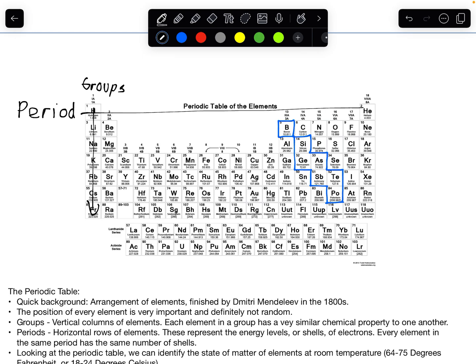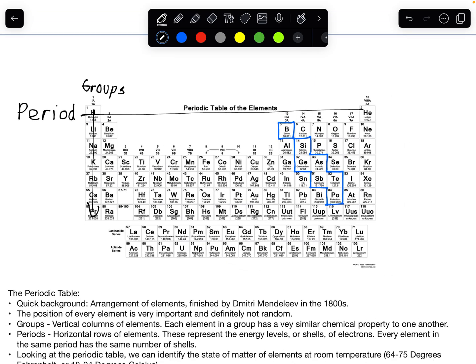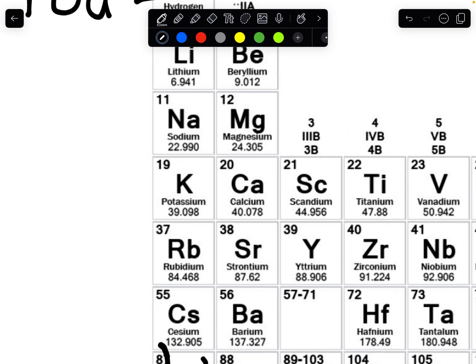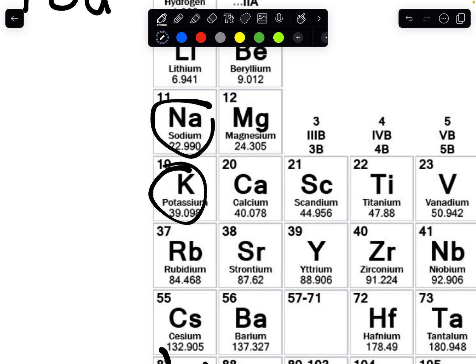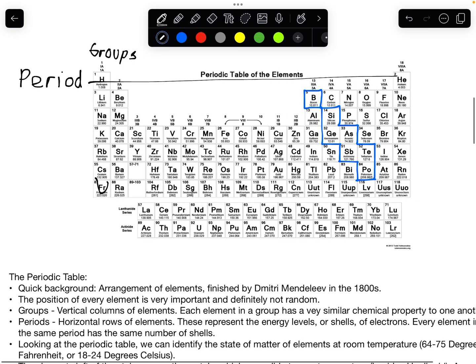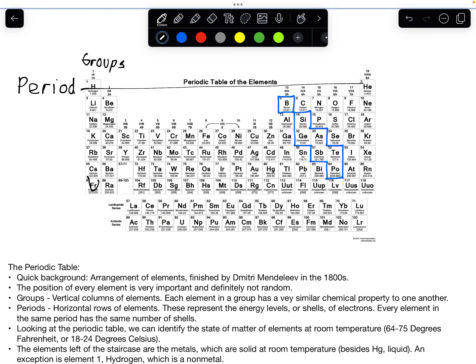For example, each element in a group has a very similar chemical property to one another. That would mean that potassium and sodium have a very similar sense of reactivity, while on the other hand, periods represent the energy levels or the shells of electrons, and every element in the same period has the same number of shells.